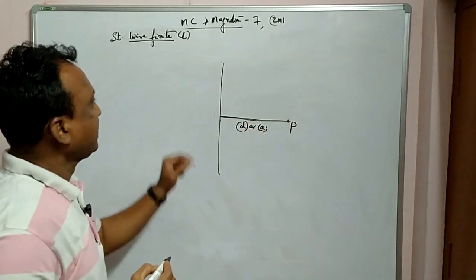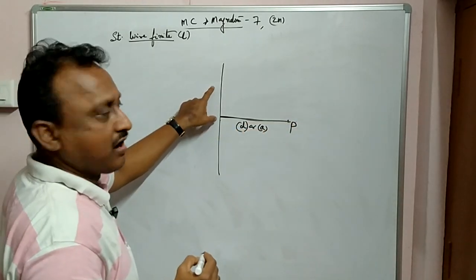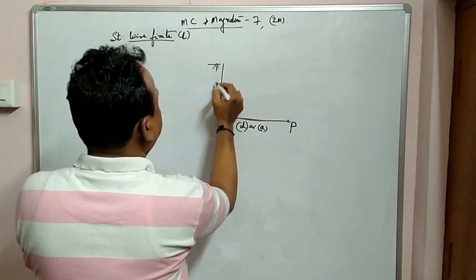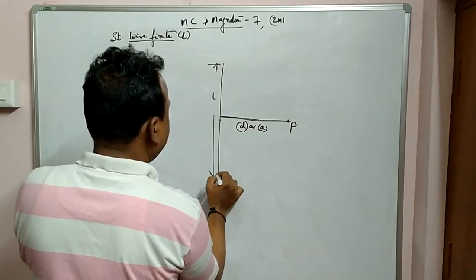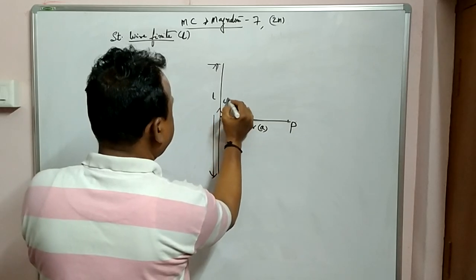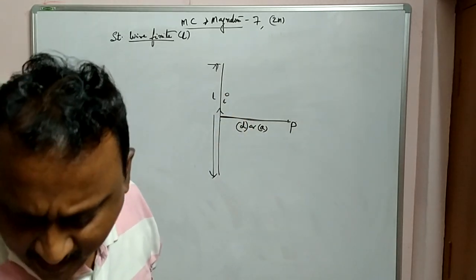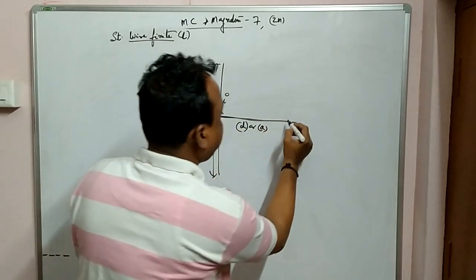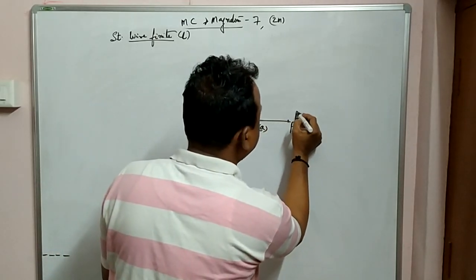So this is a finite, long wire of length L, and I is the current passing in it. In such a case, how do we get the value of B at point P?